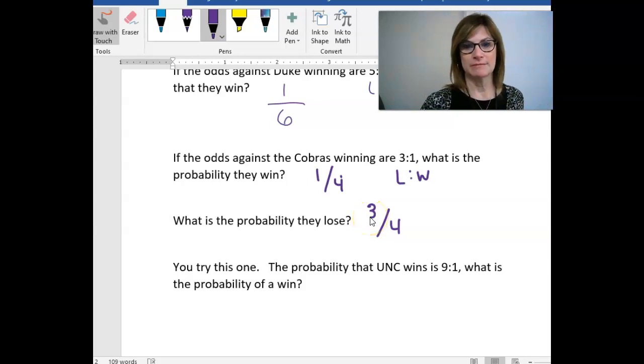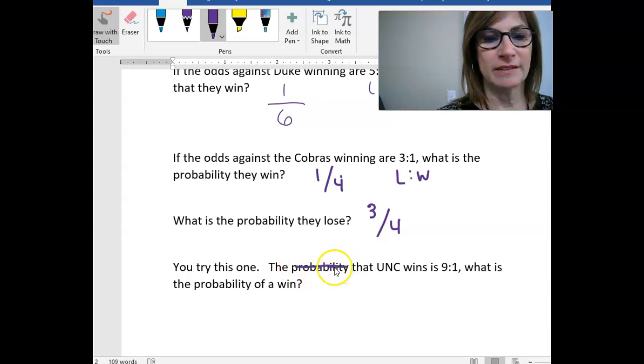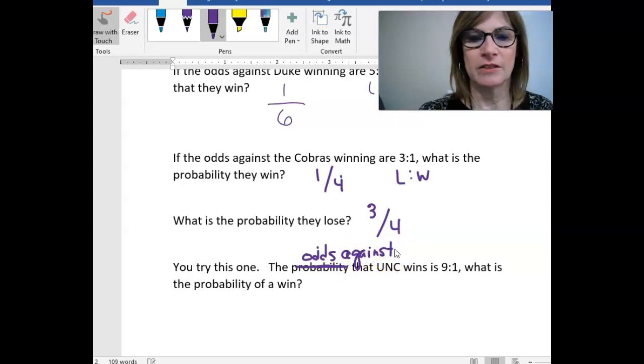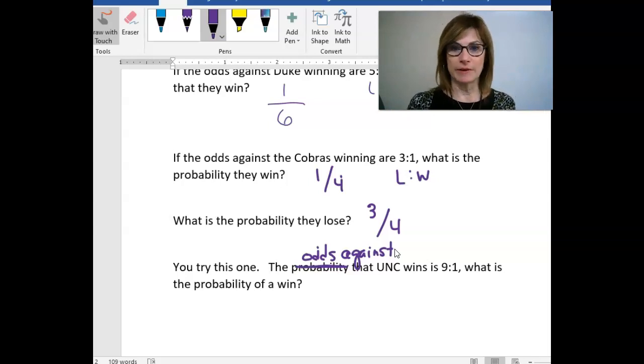3 games. Okay, so y'all try this one for a minute, and I'll just stop for a second and let you look at it. The odds against UNC winning is 9-1. What is the probability of a win?